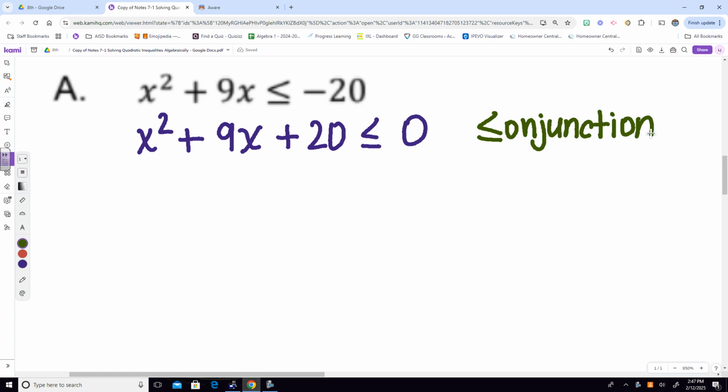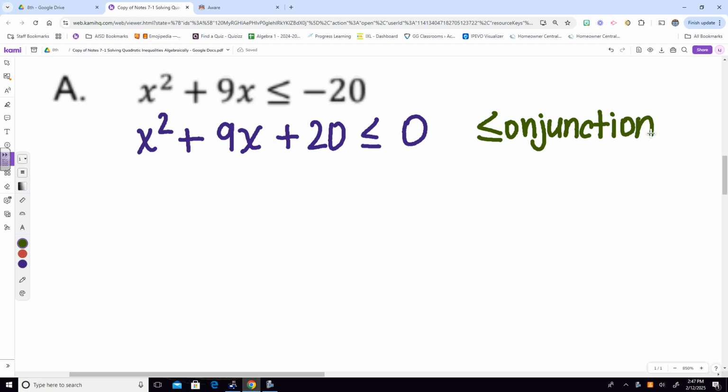I'll explain the why. The next step is to find what's called your two critical points. And your two critical points are the points where the quadratic does, guess what? Intersects the x-axis, okay? Now, calculator, easy peasy, but I'm supposed to do algebraic today.